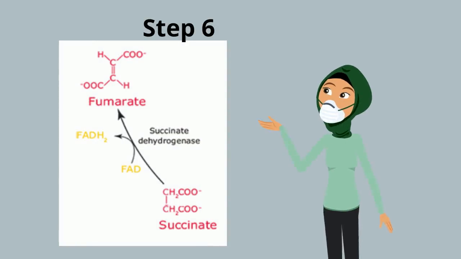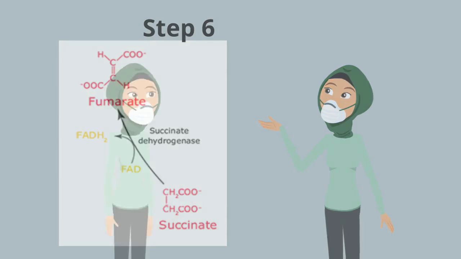In the sixth step, there is enzymatic desaturation by the flavin adenine dinucleotide, FAD-dependent succinate dehydrogenase. Succinate is oxidized and forms fumarate. In this reaction, two hydrogen atoms with their electrons are transferred to FAD and form FADH2. The enzyme at step 6 is embedded in the mitochondrial inner membrane. As a result, FADH2 can transfer its electrons directly into the electron transport chain, ETC.